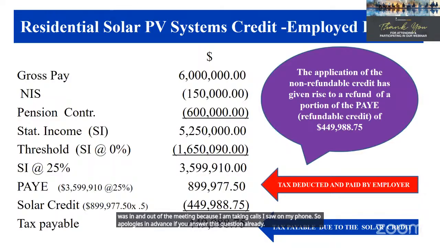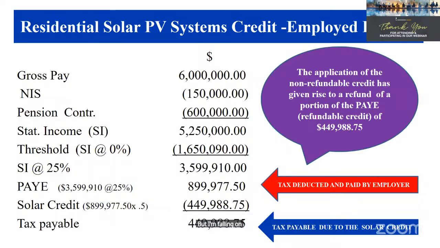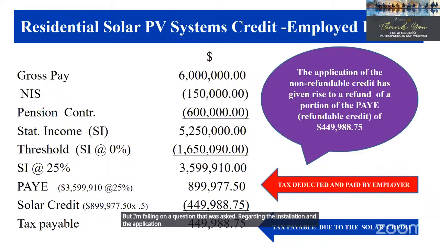But I'm following on a question that was asked regarding the installation and application for the refund. So I'm in the final stages of, I'm just about to install the system at my property.